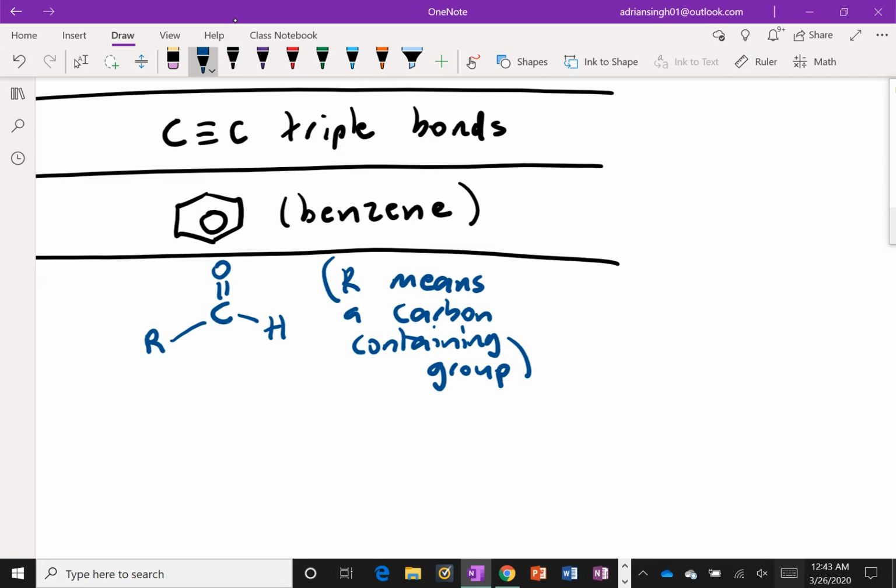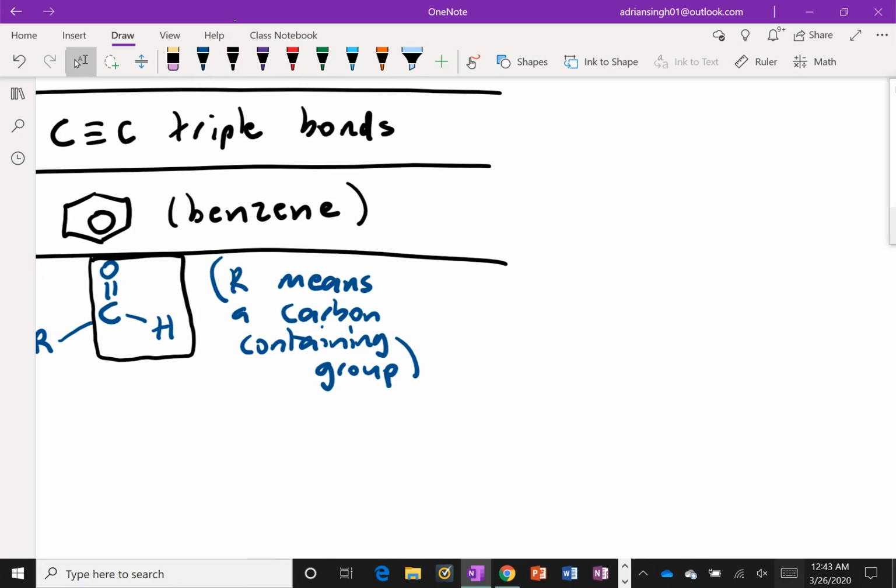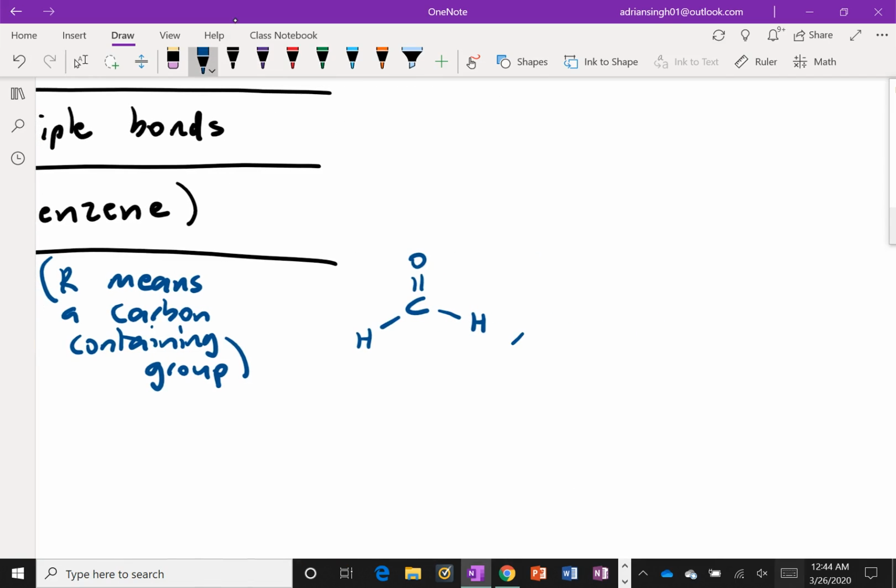It's just something else, in other words. But to make it an aldehyde, you have to have the C double bond OH there. So an example of this would be maybe something that looks like this. That's the simplest aldehyde that you have.